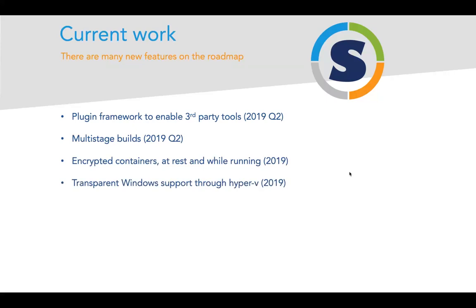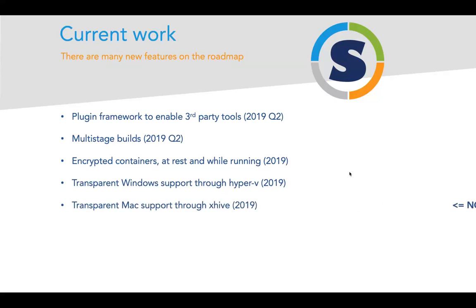We're also working on transparent Windows support. So if you've got a Windows machine, it's going to be possible to install Singularity on your Windows machine and run Singularity through a thin layer of virtualization. So from your user perspective, it's going to look just like Singularity is running directly on your machine. And in addition to that, we're working on transparent Mac support.